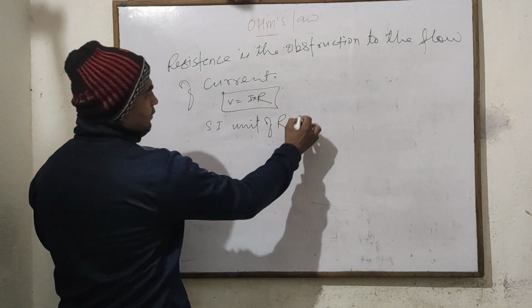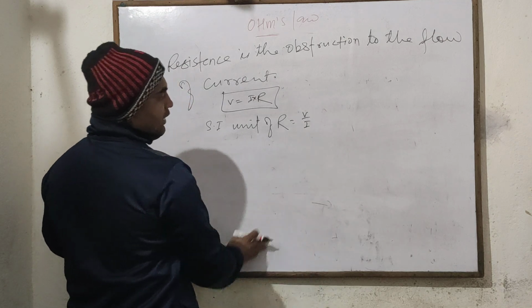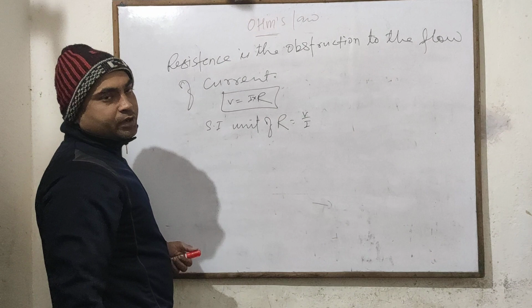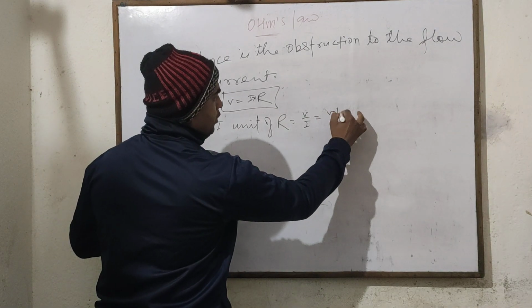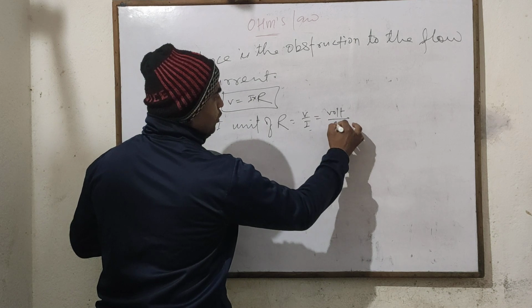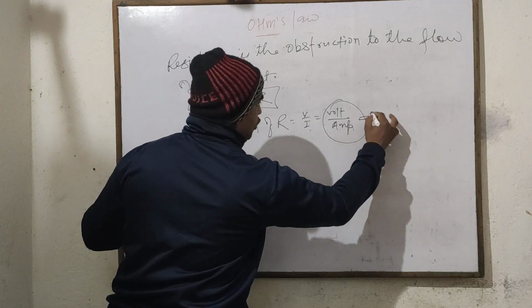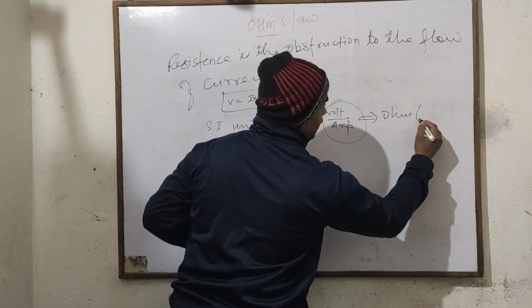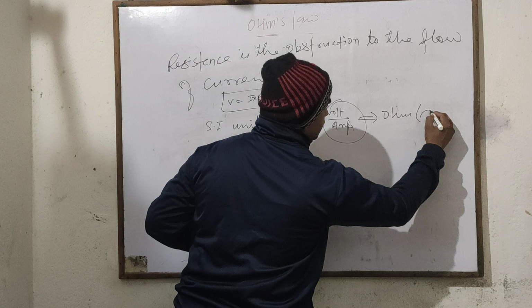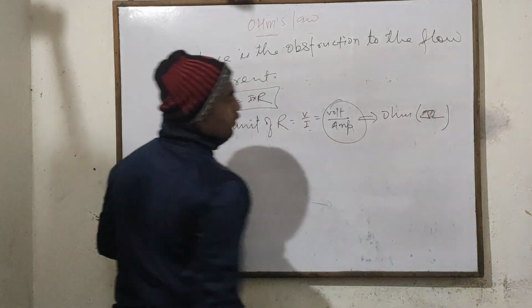I will move to that side, it will become divide: V by I. Now you write the unit of V and I, and automatically you will get the SI unit of resistance. SI unit of V is volt. SI unit of I is ampere. This volt per ampere is called ohm. This is the symbol of ohm.